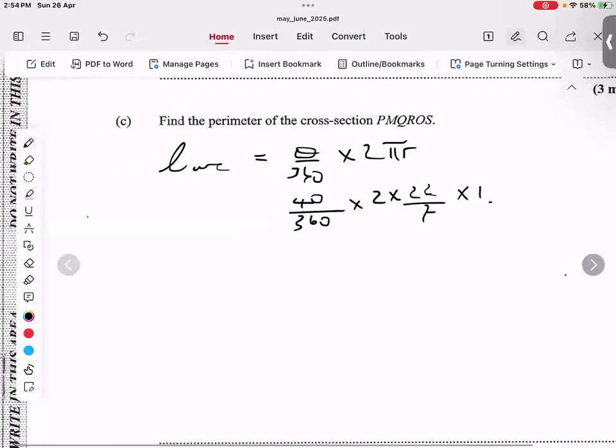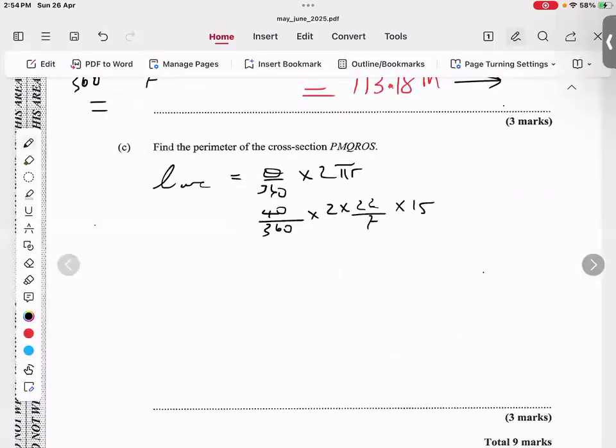All right, run that on the calculator, please, and tell me what you get. What is 40 divided by 360 times 2 times 22 over 7 times 15? Round it off, 10.5.